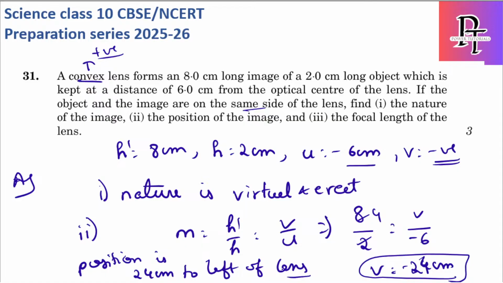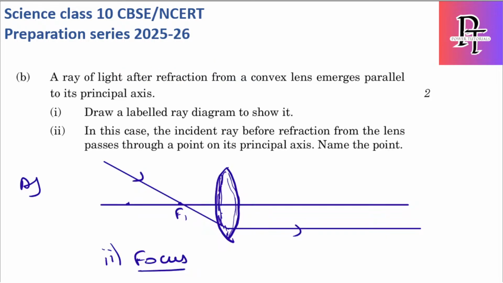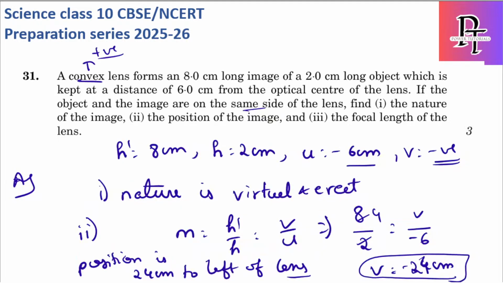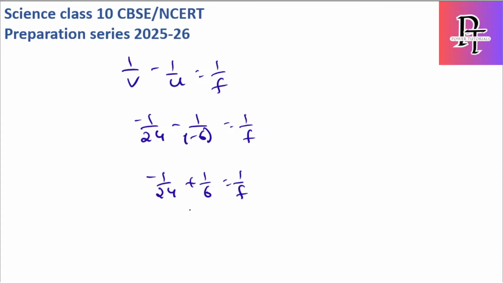Okay, third one, focal length they're asking. For this we have to use the lens formula. 1 by v minus 1 by u is equal to 1 by f. V value we got as minus 24, u is minus 6. So minus 1 by 24 minus 1 by minus 6 is equal to 1 by f. Minus 1 by 24 plus 1 by 6, that is minus 1 by 24 plus 4 by 24.